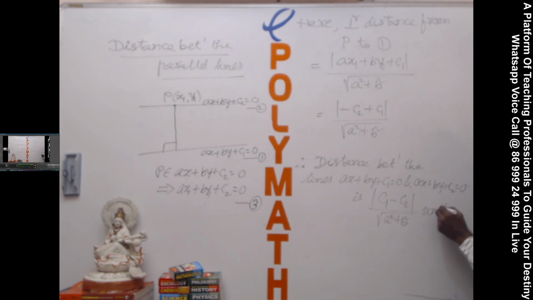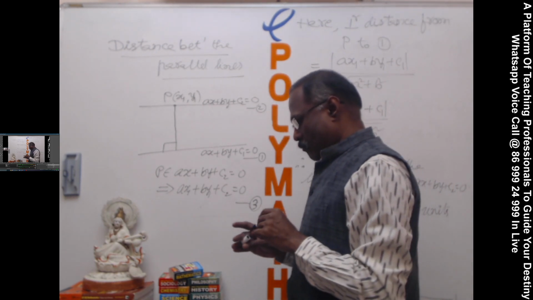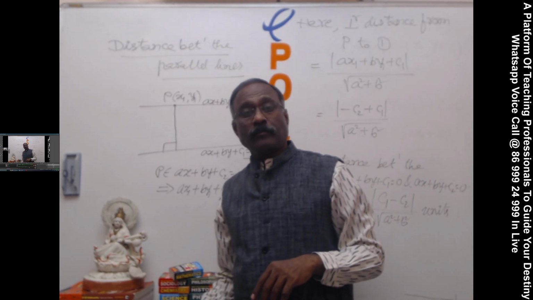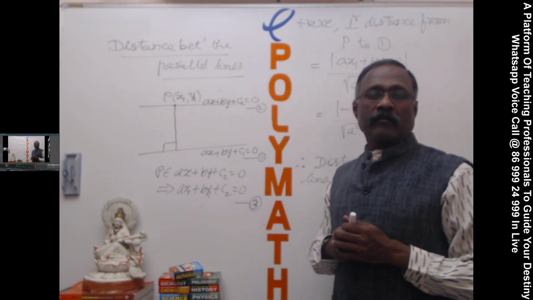Understand that, please? c1 minus c2 by root over a square plus b square.